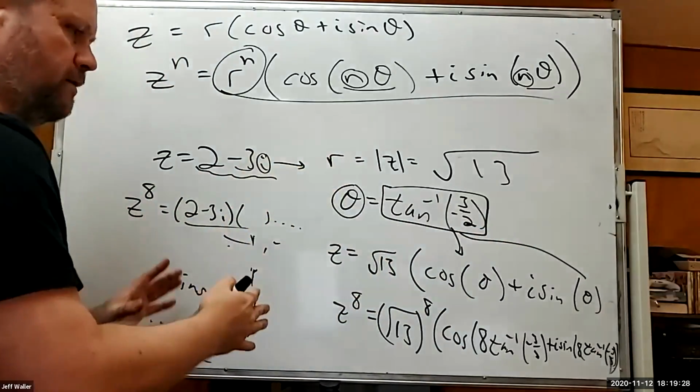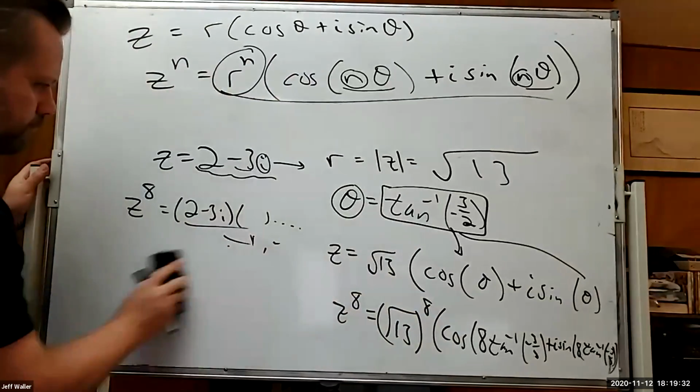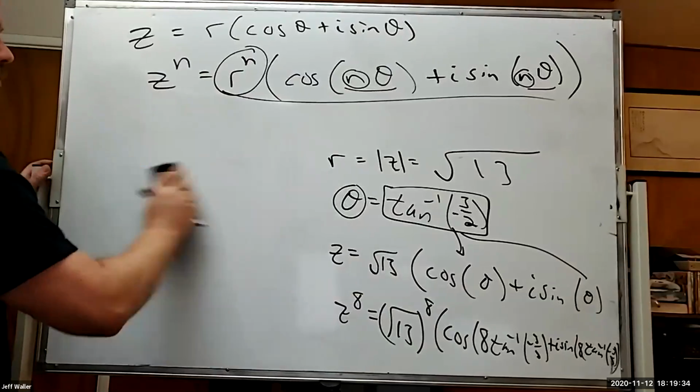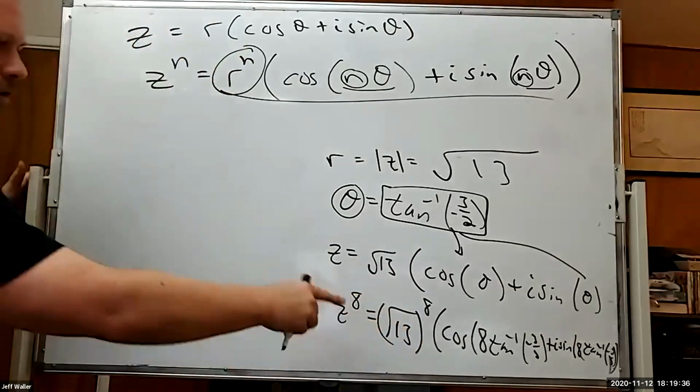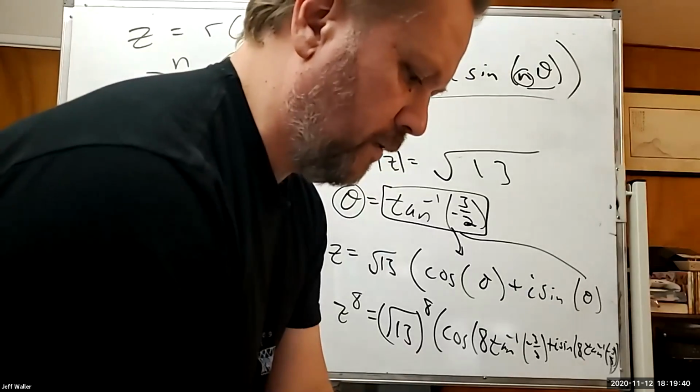Are you kidding me? So now if you put this in the calculator, square root of 13 to the 8th power, believe it or not, is going to come out to a nice number.